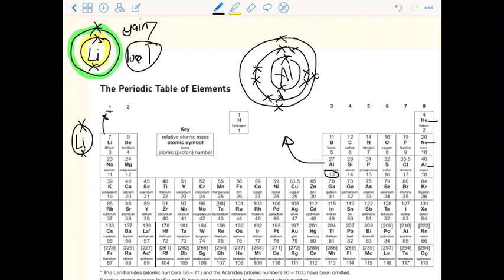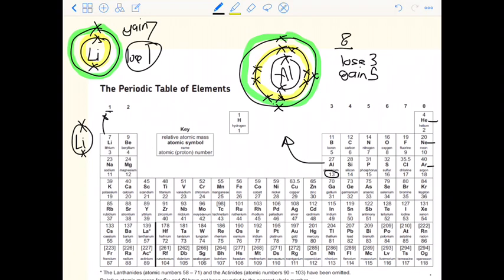So looking at aluminum, it can either have this shell become full, or it can empty that shell and lose those electrons and let the second shell be its outer shell. Because this third shell needs 8 electrons and it has 3, it can either lose those 3 electrons or try to gain 5.